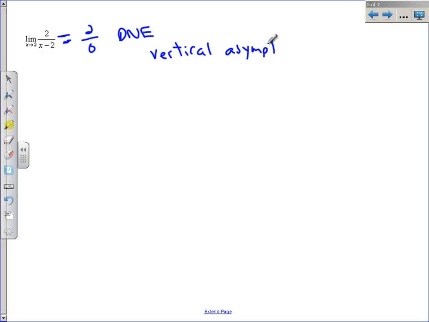Anytime you get not 0 on top, but 0 on the bottom, you are dealing with a vertical asymptote, and the limit does not exist. You are either heading straight up or straight down. You either need mountain climbing stuff or you need scuba gear. You'll see more on that later. That probably didn't make too much sense, but oh well.